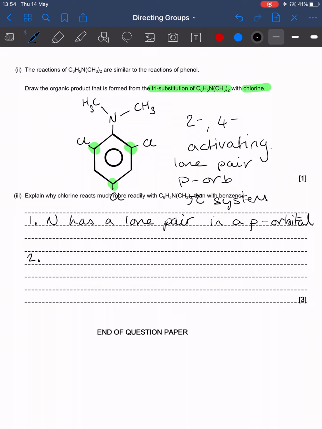2. We want to say what's happening with that lone pair in the p orbital. You can say it merges with, or donates, or pushes 2 electrons into the pi system.